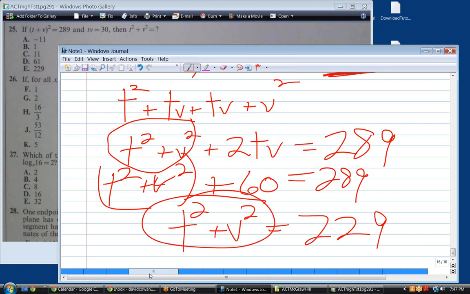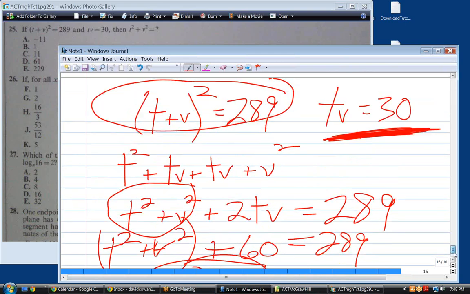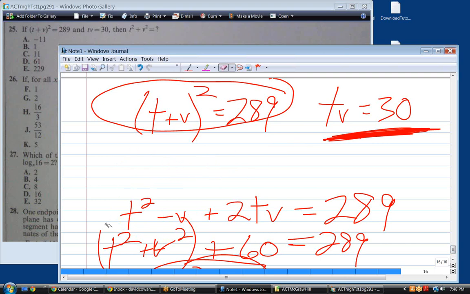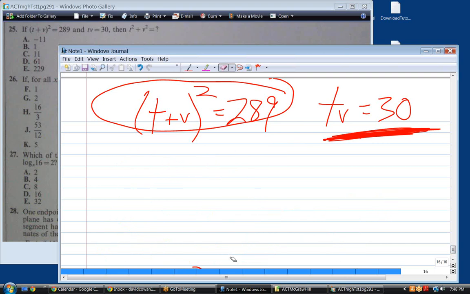Now notice that if I did the only other thing that I could think of doing, which would be to take the square root of both sides, that's not going to get me very far. What is it going to give me? It's going to tell me what t plus v is. t plus v would be the square root of 289, I think that's 17. But even if it was, what do I do now?